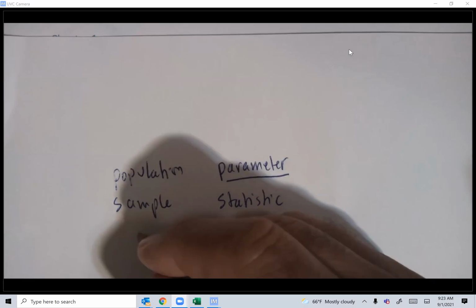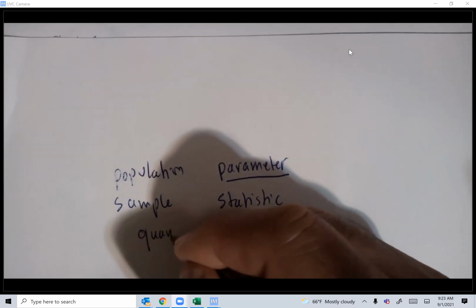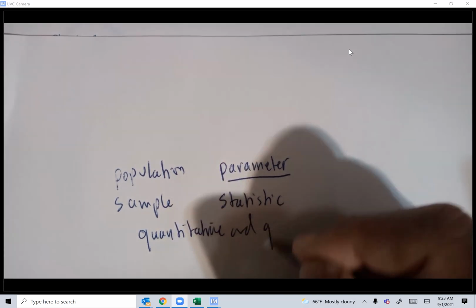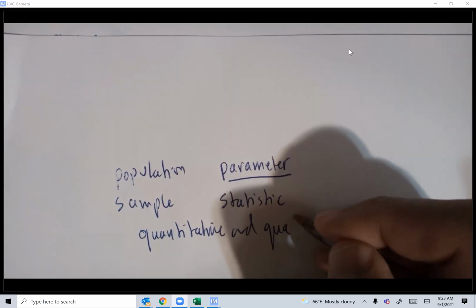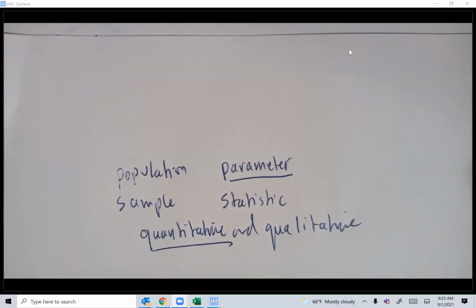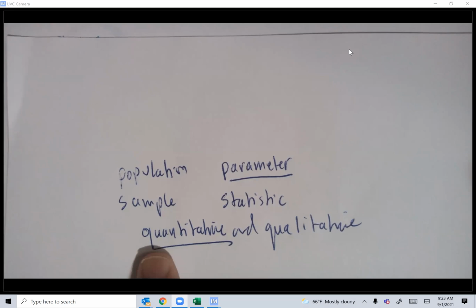We learned the difference between quantitative and qualitative data. Quantitative is a number, guys, that you can add, subtract, multiply, divide. Qualitative is an attribute. An example for a quantitative: number of tables in a classroom.